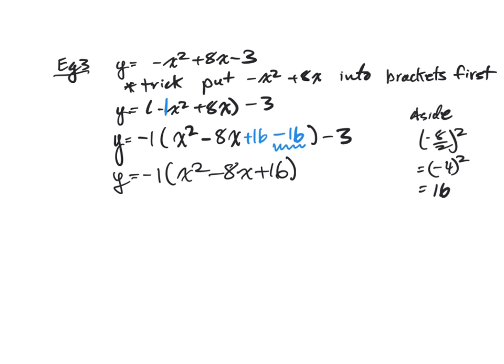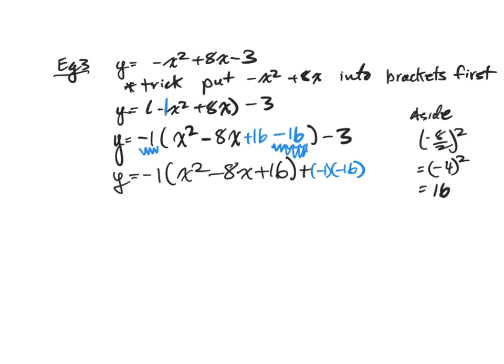To do that, we're going to add the result of multiplying the negative 1 and the 16, the negative 16 that we had inside the bracket. So we end up with negative 1 times negative 16.